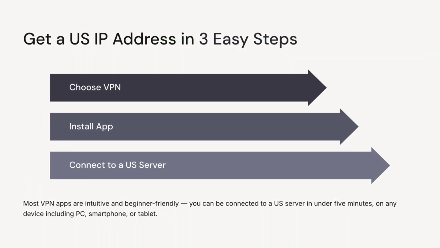So to get a US IP address in 3 easy steps, you basically have to choose a VPN. Now, there's lots of these around. As I said, I use NordVPN. I can recommend it. But there's loads of others, so have a look around if you like, and choose one. Then you just have to install it. Most VPNs will have a small software installation, so you just have to install that. They're not usually very big.